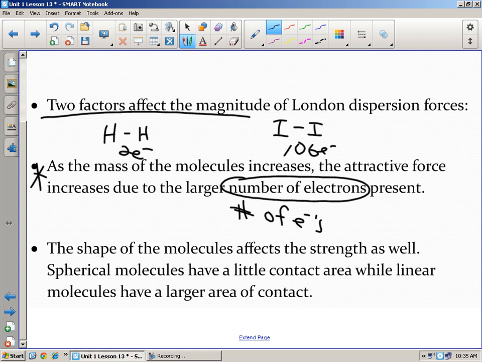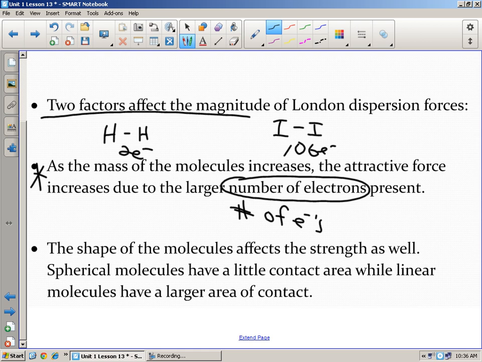So how much attraction is there between H2 and H2? Not a lot. Look at I2. Lots of attraction. It's a solid, right? Because it's got so many electrons going around and around, there are so many of those partial attractions that it's pretty good at attracting each other, I2 to I2 to I2. It's so good that it's actually in solid form, okay?